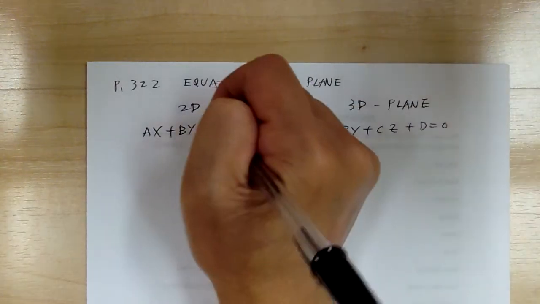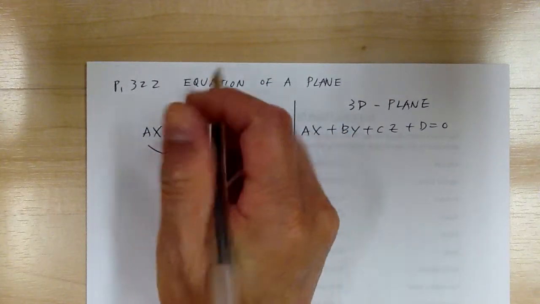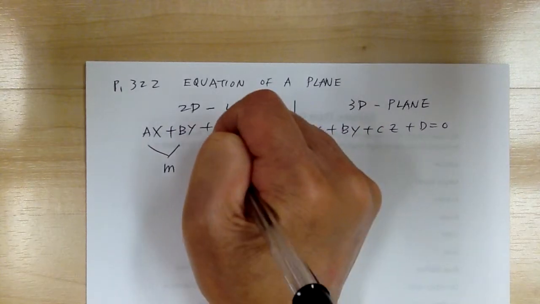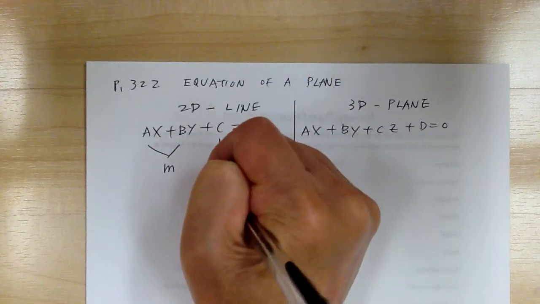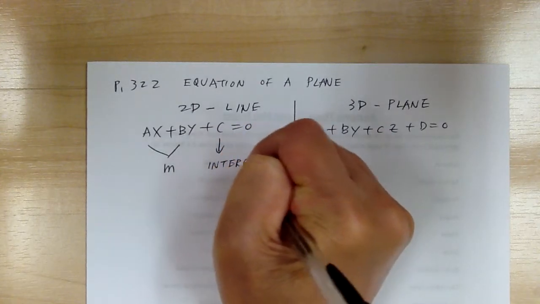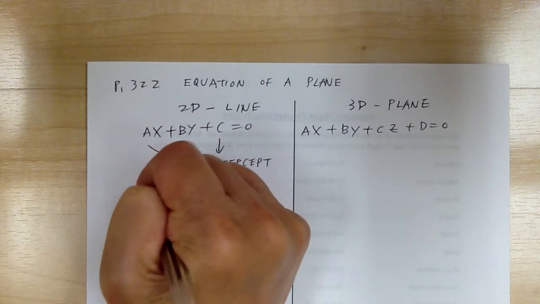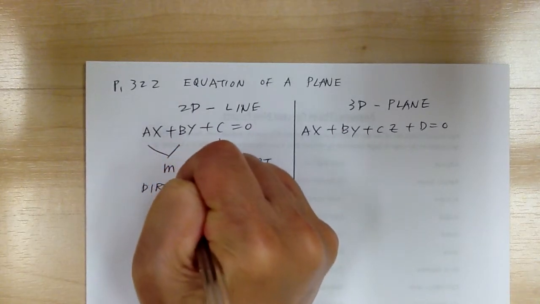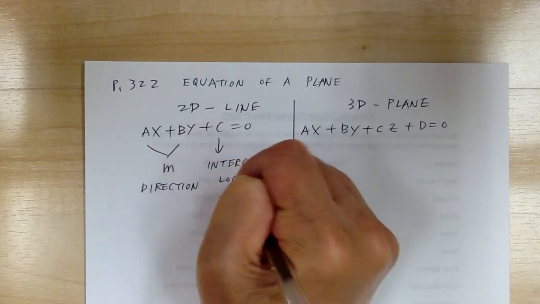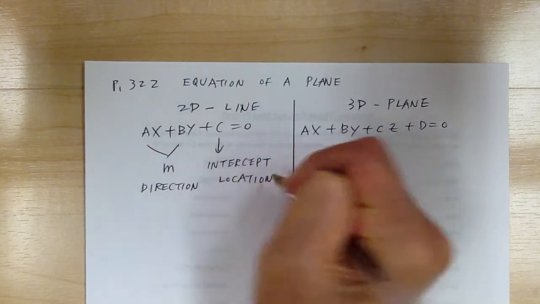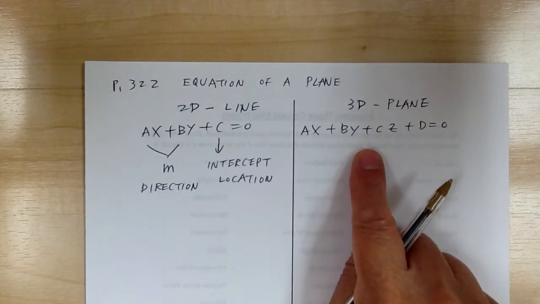Now in two dimensions, the a and the b will give you the slope, and c is the intercept. The slope is a direction, whereas the intercept is the location. It's a similar thing for the plane.